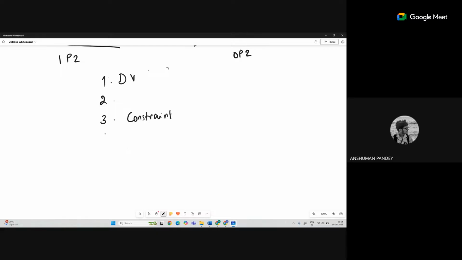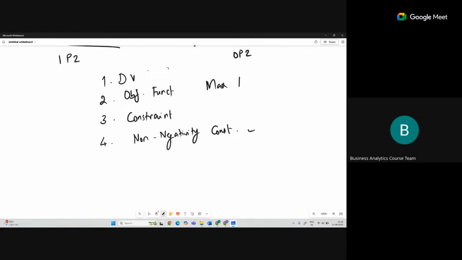The function that we have to minimize or maximize, the objective function. And then the non-negativity constraint. Sometimes this is very important; without this, you will not get a feasible solution. So what is the objective function here? Maximize efficiency. And what are the constraints we have?